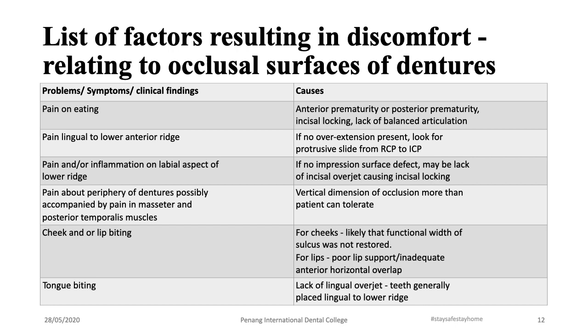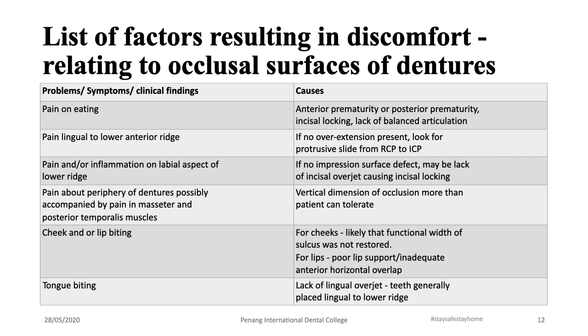Pain on the lingual to lower anterior ridge. That is basically if there is an overextension, then you might have to trim that. It will relieve it. If not, then look for protrusive slide from RCP to ICP. So RCP is retruded contact position, that is your premature contact, and ICP is intercuspal position, that is maximum intercuspation.